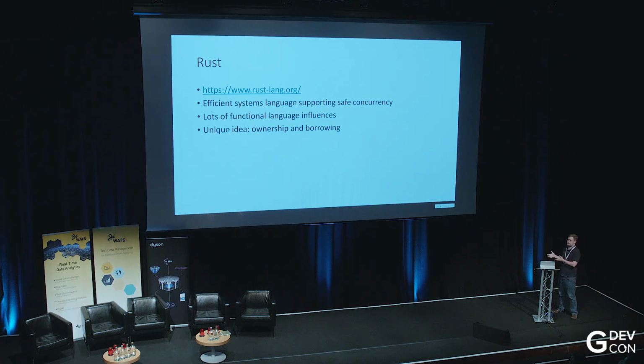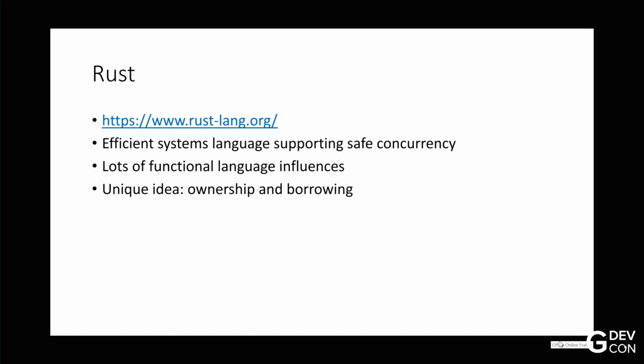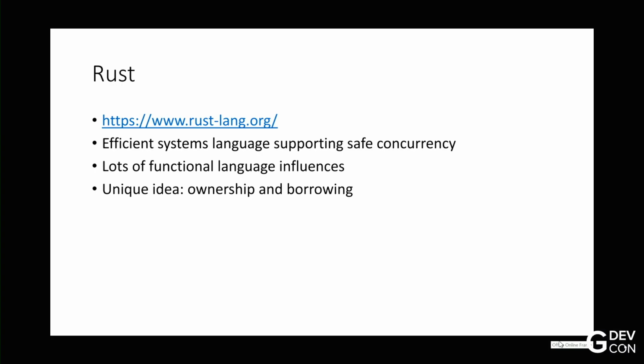And that dovetails pretty neatly with the aims of G and providing a graphical data flow environment. Also, unlike traditional systems languages like C and C++, it has a lot of influences from various functional languages. But the really unique idea, no pun intended, that it brought to the language space is this concept of ownership and borrowing. And we're going to see what that means shortly here.